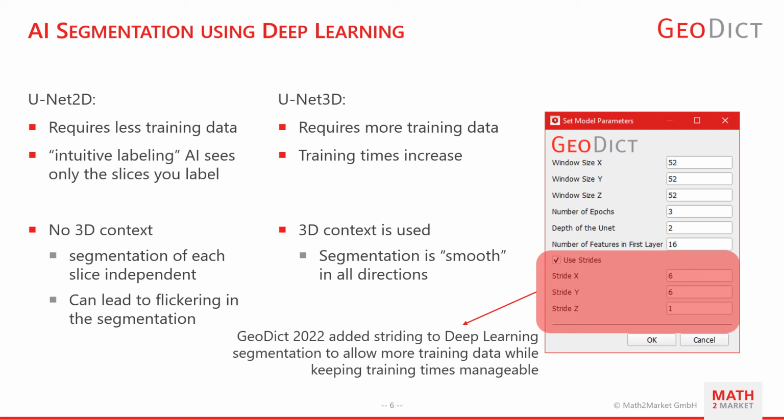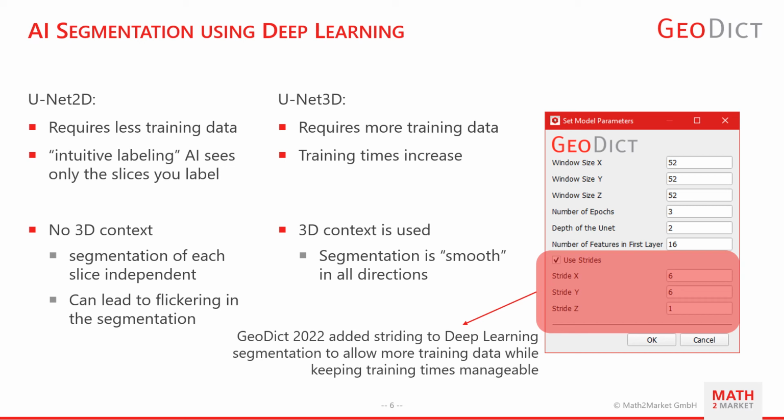So it's better to, for example, in this case, as you see here, make the window move, for example, 6 pixels instead of 1. So in the top of the image on the right, you can see our window size is 52 pixels. And we are moving 6 pixels every time we move the window in the X and Y direction.